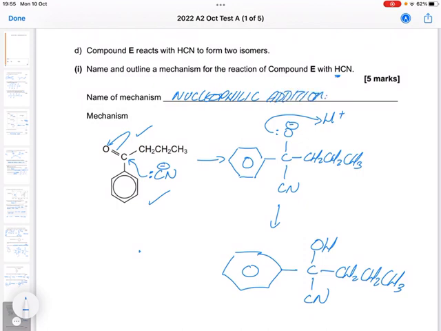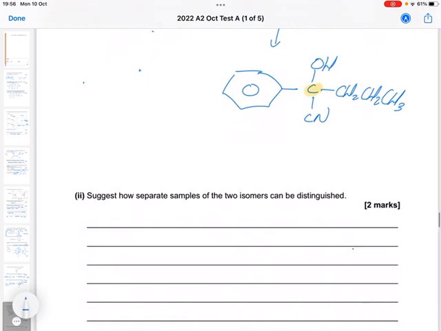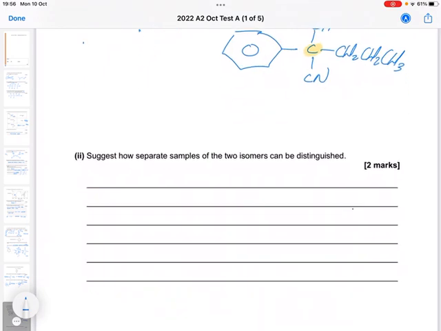Okay, and if we look around here, you can see that we've got 4 different groups on it, which leads us into the next question. So let's just see where the marks are for this. 1 mark for the name of the mechanism, 1 mark for each of the curly arrows here, 1 mark for the correctly drawn intermediate, 1 mark for the curly arrow to the H+, not the water. Remember, water's only for the hydride. And then separate samples, we use plane polarized light.